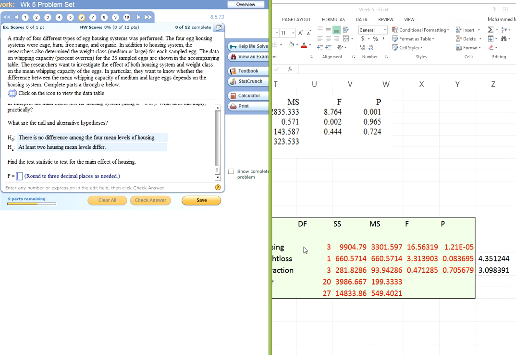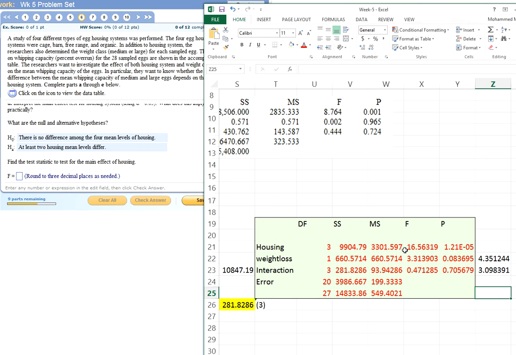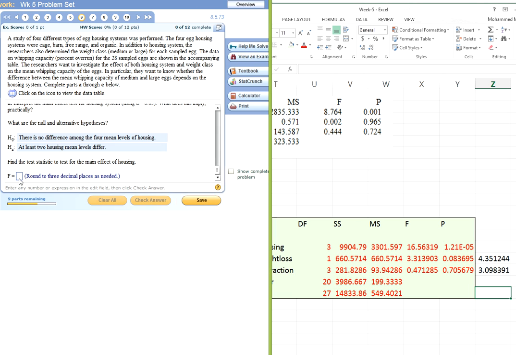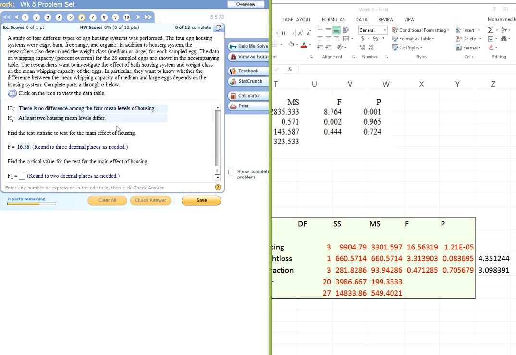For the main effect for housing, right here, the F value is 16.56. Check answer, yes. Okay, F alpha.